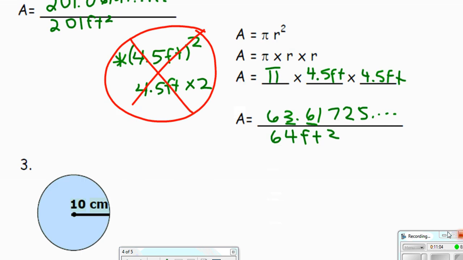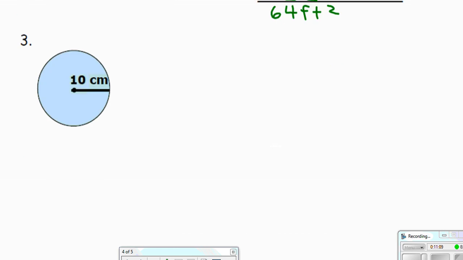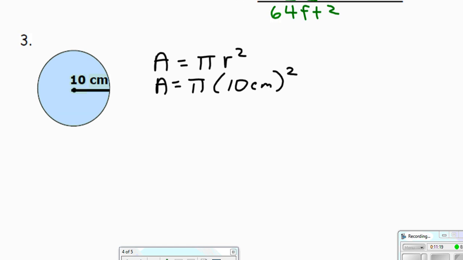Your last example that we will do together is area equals pi r squared. So area equals pi times 10 centimeters squared. Remember, the squared is outside the bracket, so it applies to everything in.